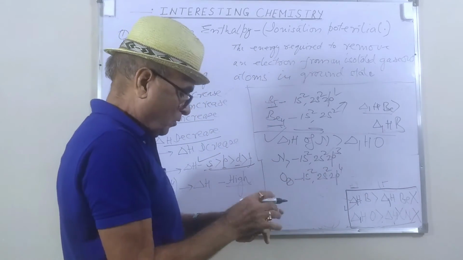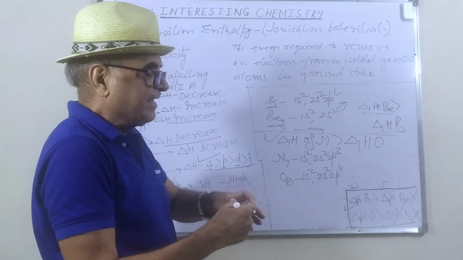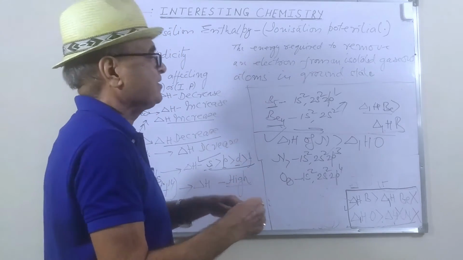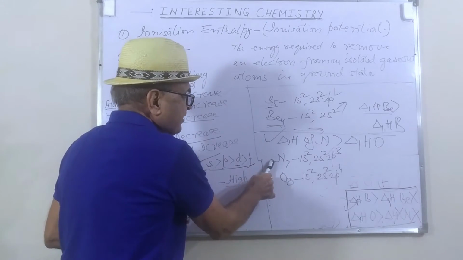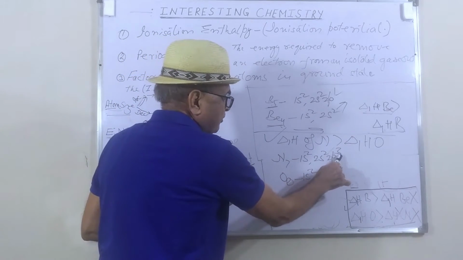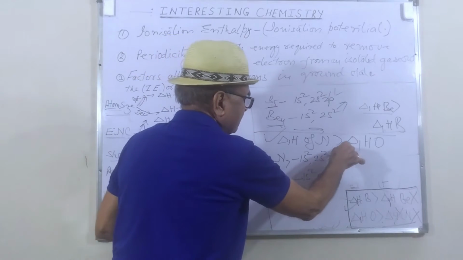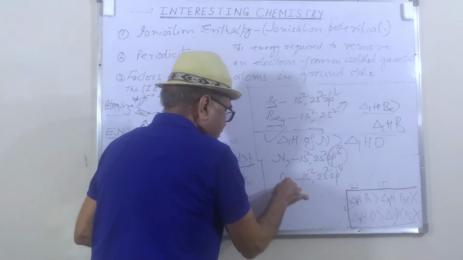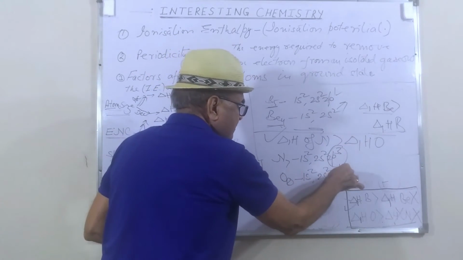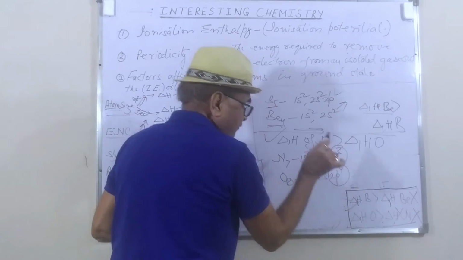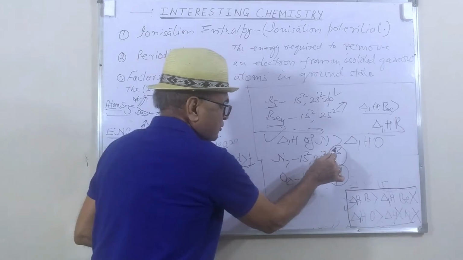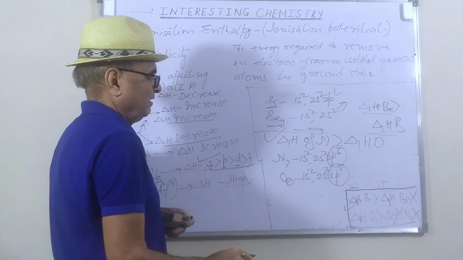For the first ionization enthalpy, the first electron from nitrogen will be removed from p3, and in oxygen the first electron will be removed from p4. This is an unfilled orbital, this is a half-filled orbital.